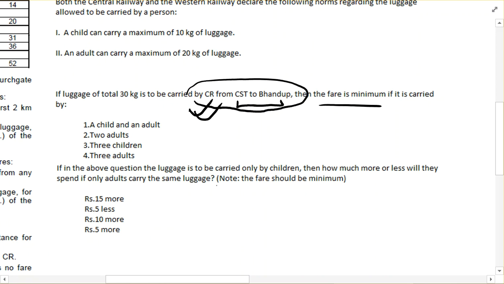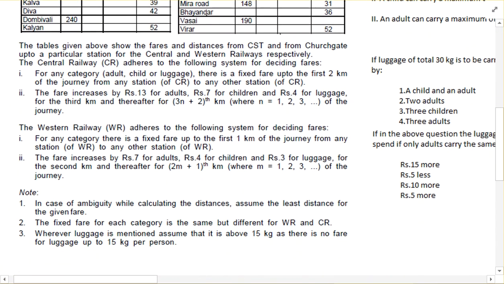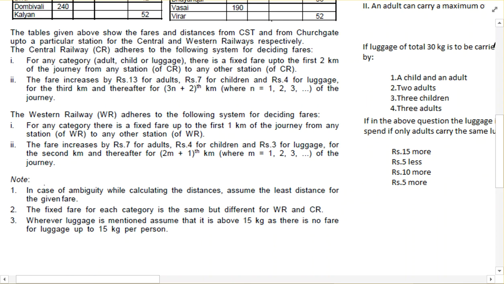Distance is not the matter of question in any of the two questions. In case of any ambiguity while calculating distances, assume the least distance for the given fare. We don't need to worry about this. The fixed fare for each category is the same but different for WR and CR. No problem. Wherever luggage is mentioned, this one is important.